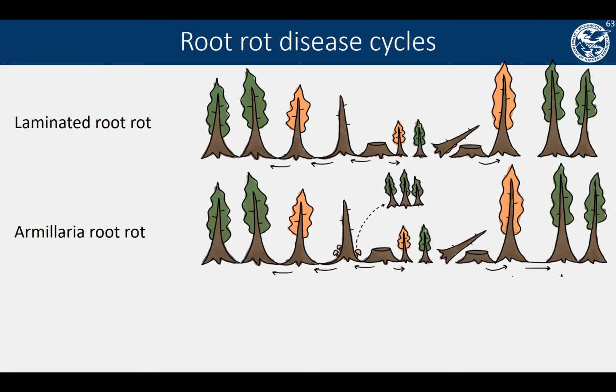And moving on, we're going to look at Armillaria root rot, very similar. You notice again that the main means of spread here is indicated by those curved arrows, showing that this is again a root pathogen that spreads slowly from one infected tree to the neighboring tree. Some slight differences with this compared to laminated root rot is that those mushrooms do produce airborne spores that have been known to infect healthy neighboring stands, though they don't do so at such a high rate that any management decisions are taken to prevent that infection, since it seems like a rare occurrence.